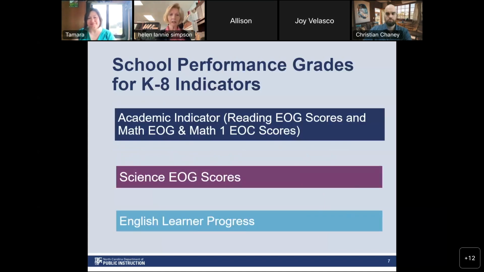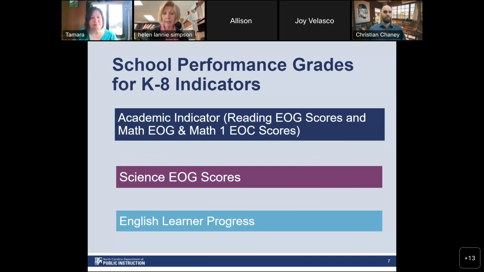Okay, so let's actually take a look at our indicators. If you work in a K-8 school, this may be a reminder for you, or it may be new. These are the 3 indicators that are funneled into the school performance grade for K-8 schools.